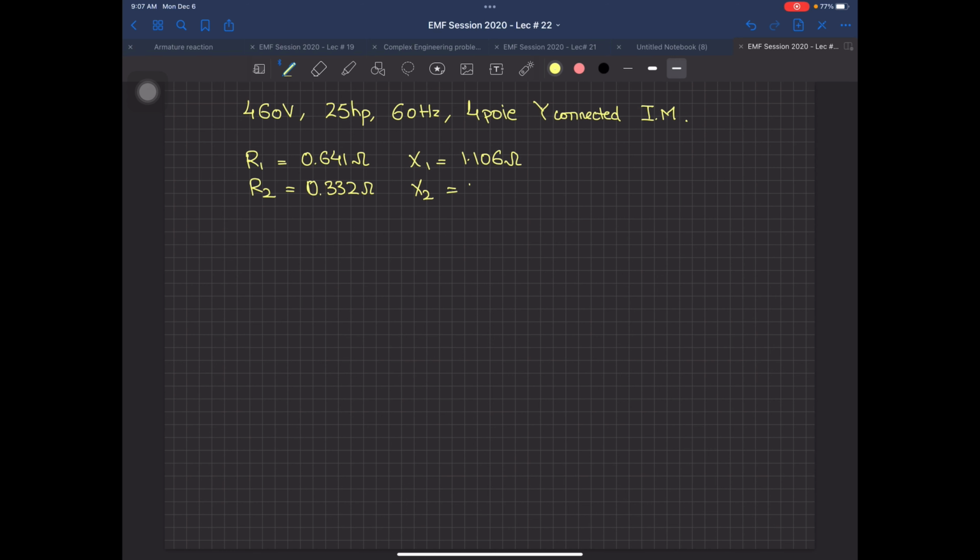X2 is still small, you will get only 0.464 ohms. XM is 26.3 because this is the parallel branch, and they have told us that the friction and windage plus any miscellaneous losses are given as 1100 watts. The core loss is lumped in. This means that this is having the core losses lumped together.